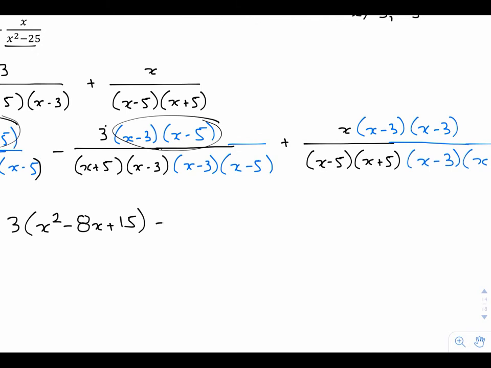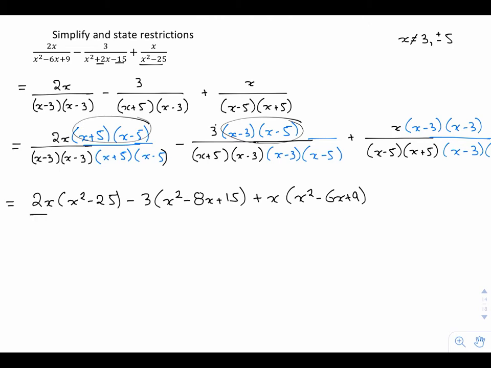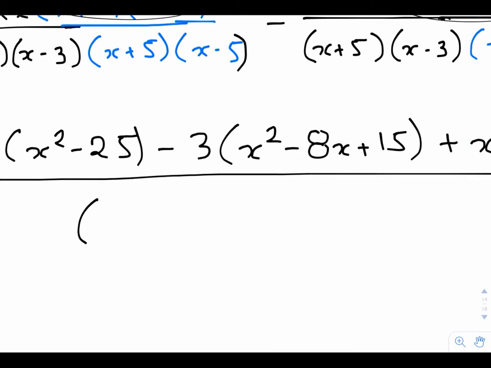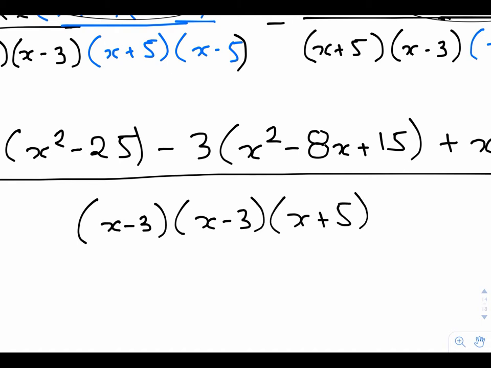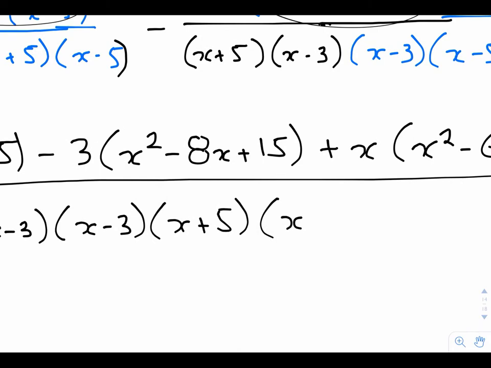And finally, plus x in bracket, x squared minus 6x plus 9. This last expression just came from multiplying these two binomials together. It's a perfect square trinomial. And all of this stuff is written over a common denominator of x minus 3, x minus 3, x plus 5, x minus 5.